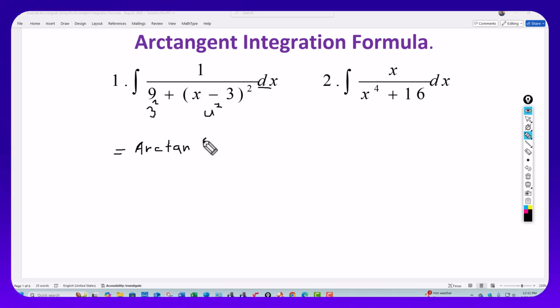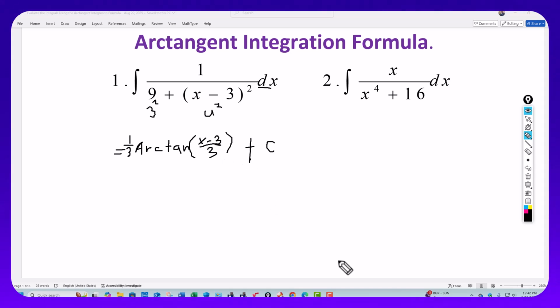So you would just say this is going to be x minus 3 for u, over a. A is 3, plus the constant of integration. And remember, the coefficient here was 1 over a. In our case, a is 3. So the answer to the first one, using that formula, is 1/3 arctan of x minus 3 over 3 plus the constant of integration.